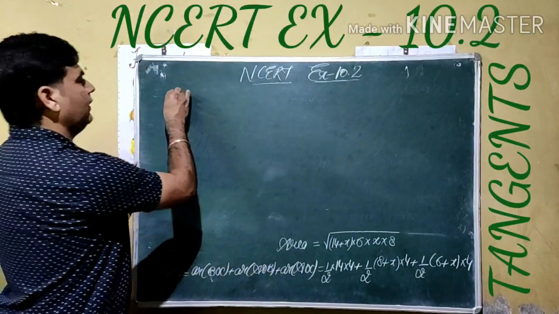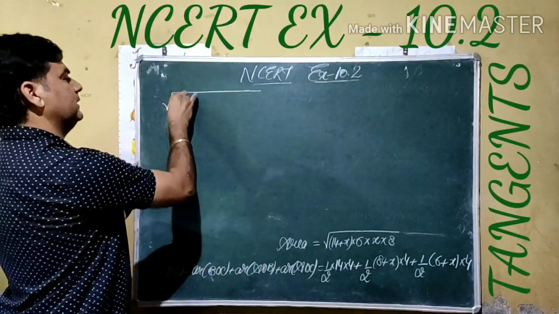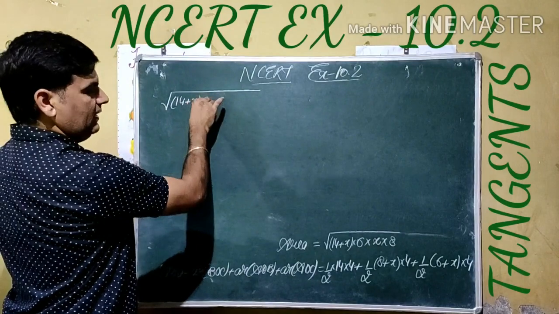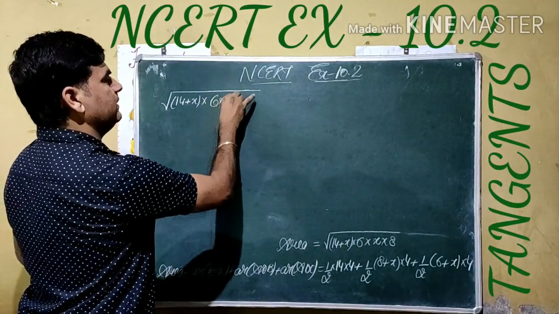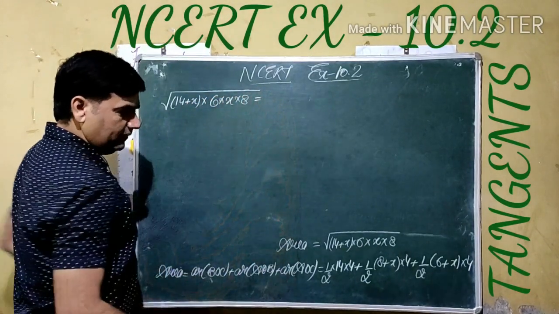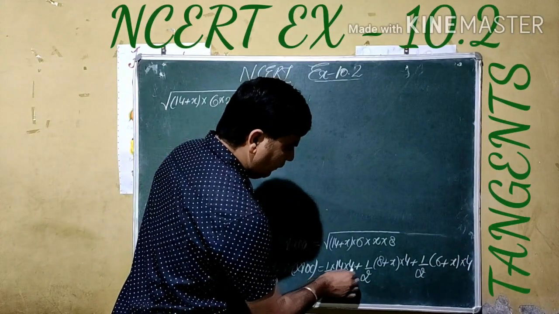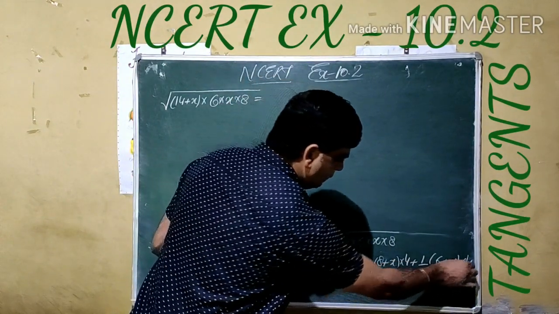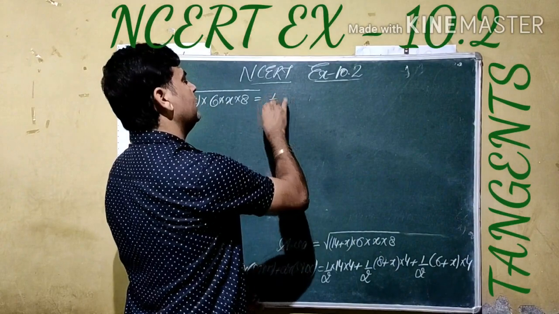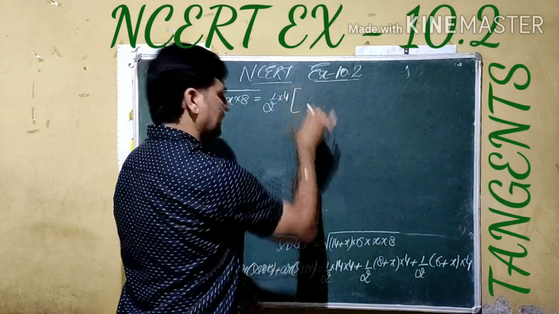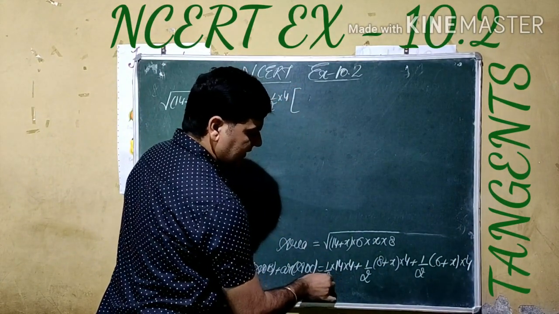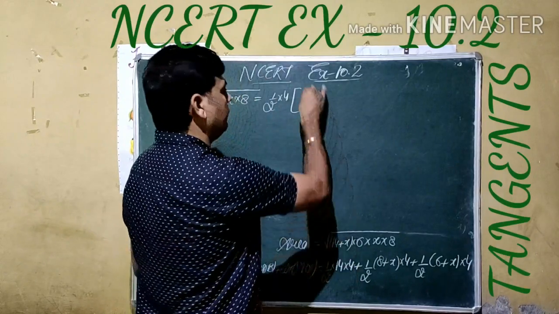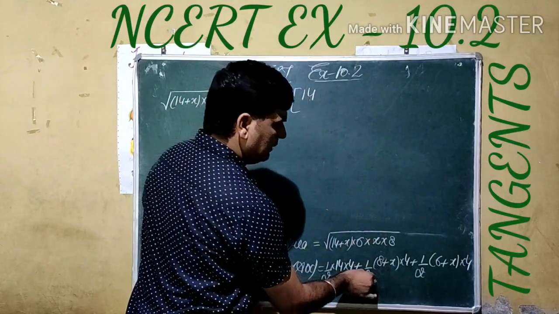We get this now: 14 plus x multiplied by 6 multiplied by x multiplied by 8 is equal to, if you see here, 1 by 2, 4 is common in all. So we can write them outside. What is left inside? 1 by 2 goes outside, 4 outside. It becomes 14. 1 by 2 goes outside, 4 outside.